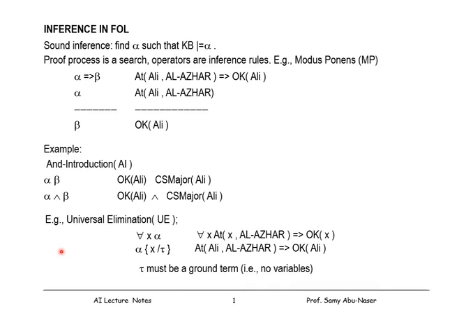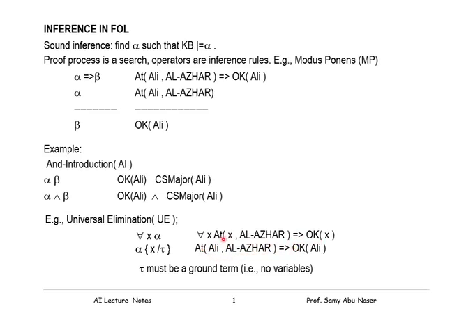There is another example, universal elimination, meaning we are going to cross out for all. If we have for all x alpha, we can replace any variable in alpha with tau. Here is an example: for all x, if x at Al-Azhar, then x okay.